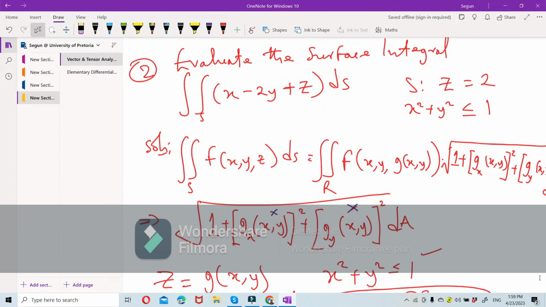And we now said x squared plus y squared less than or equals to 1. Please go ahead. So now the solution, we have all this. The integral of f(x, y, z) dS over the region. So is that where we're going to start from? Yes, if you have to solve it.